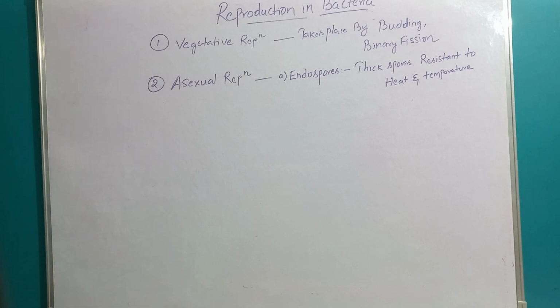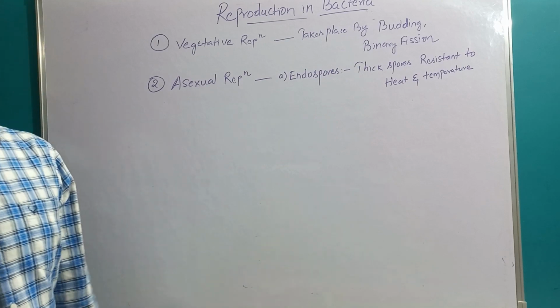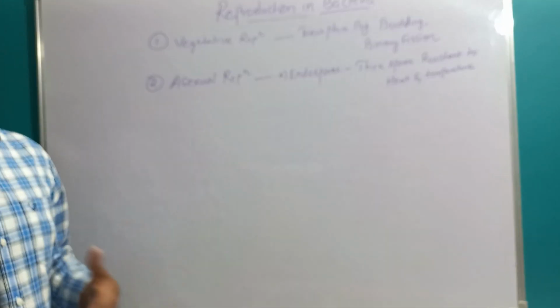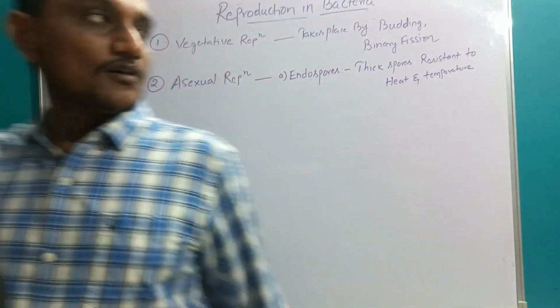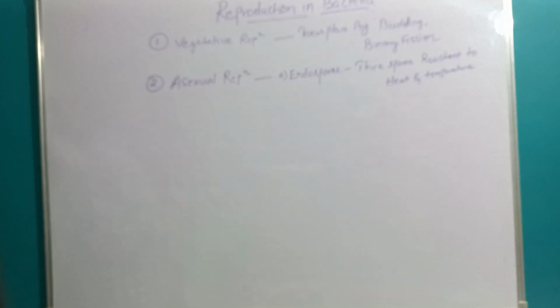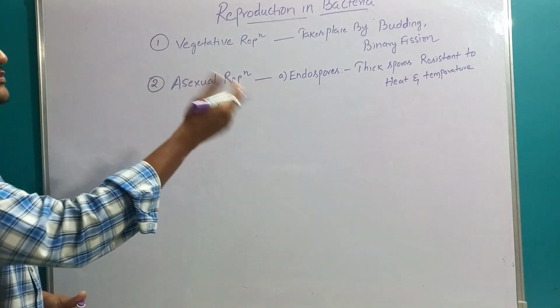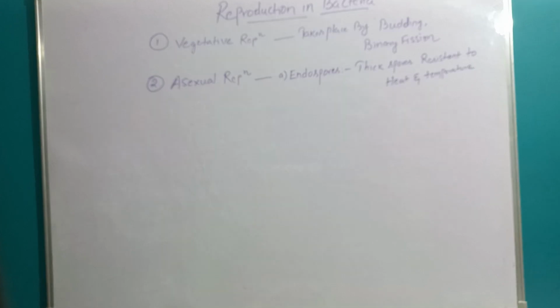Generally the bacteria forms thick spores called endospores, which can survive in high heat and high temperature conditions. When favorable conditions are available, these endospores develop into a new individual bacteria.